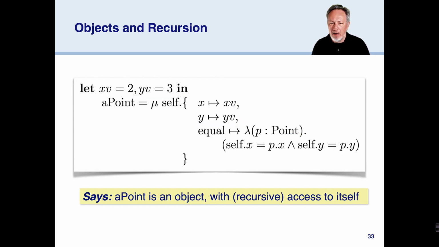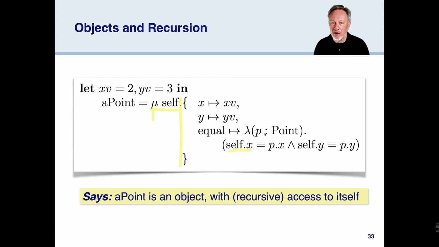Now, how do we deal with recursion? That requires an extra recursive step here with our mu operator, because how do we deal with self? So self is a recursive definition here. Here we take the fixed point of self. Self is this whole record, and we want to be able to use self within its own definition.